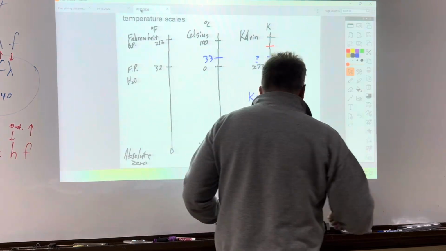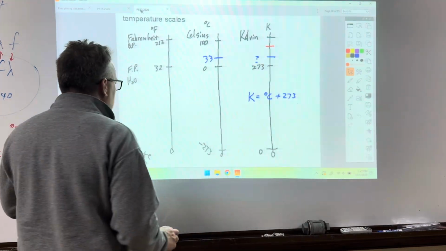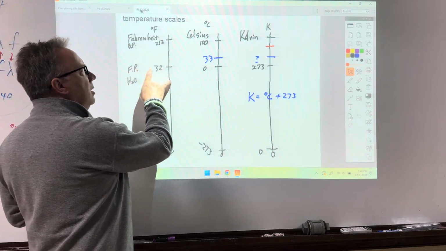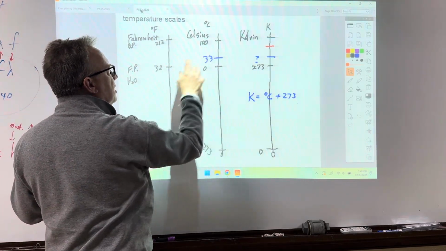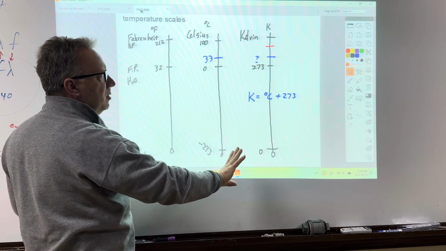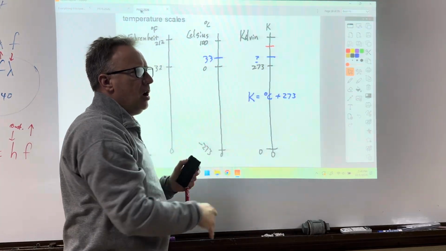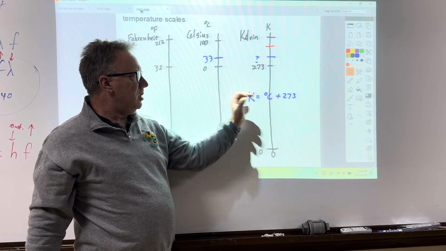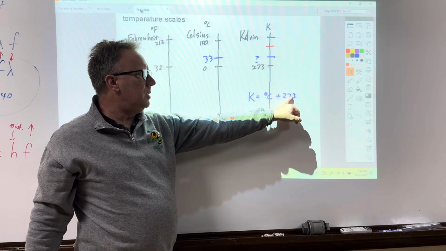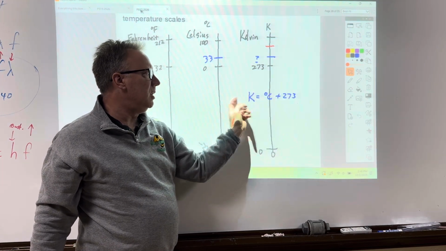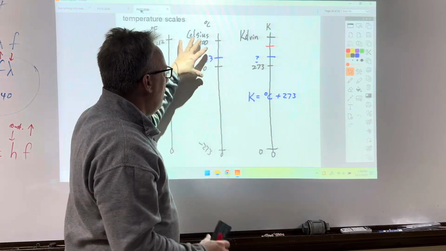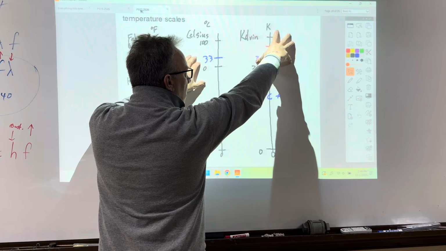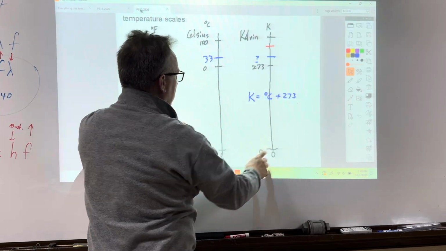Notice that absolute zero is way down here. The freezing point of water is, in Fahrenheit, Celsius, Kelvin, 32, 0, 273. We're not going to concern ourselves with Kelvin beyond this point because you just add the Celsius temperature to 273 to get Kelvin, and you subtract 273 to get Celsius, because all that's happened with Kelvin is you shifted zero over here down to absolute zero.